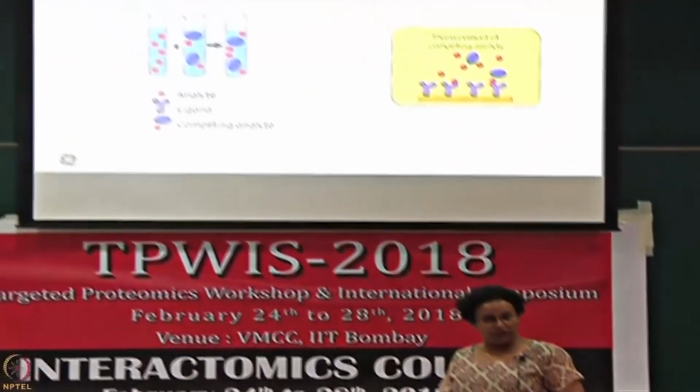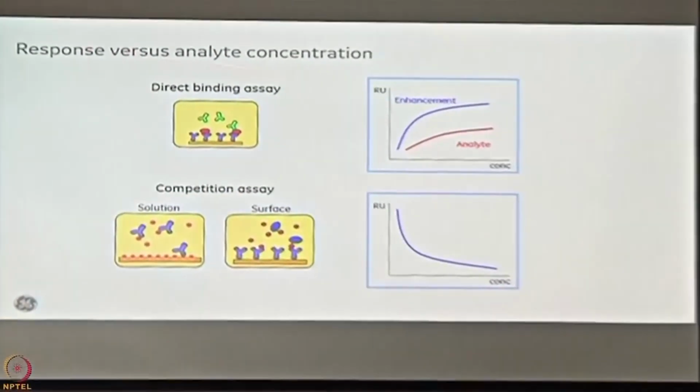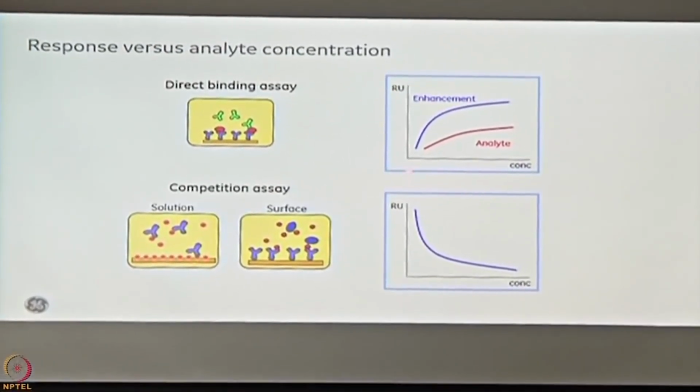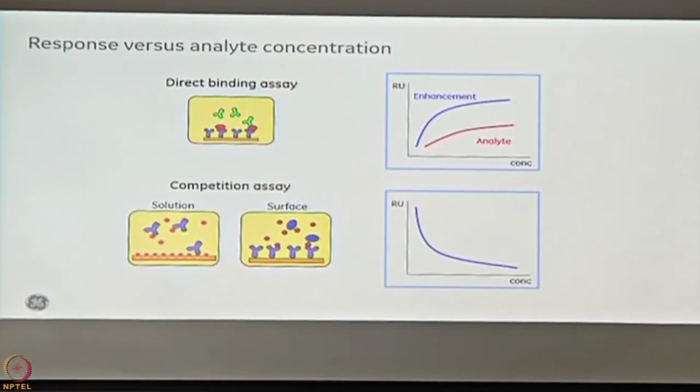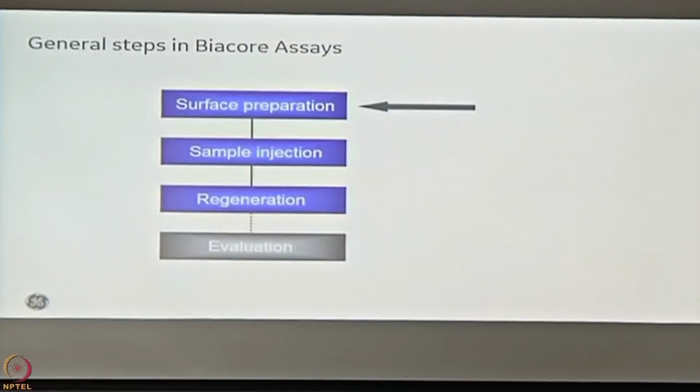So, it is again a reverse plot, right. If you summarize the response versus analyte concentration, in direct binding you see an increase in RU with analyte, whereas in indirect you see a decrease in binding. So, these are basically two types of, yes sir.